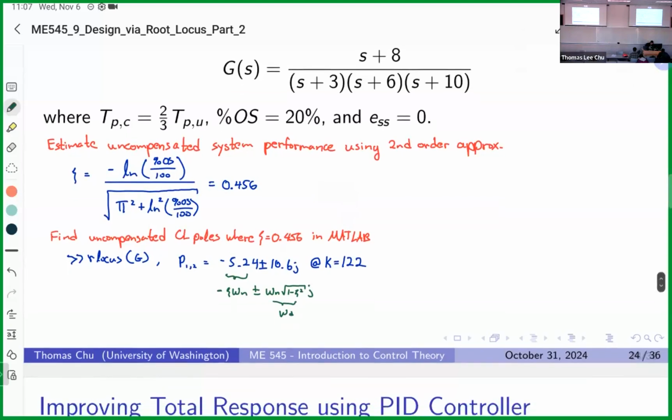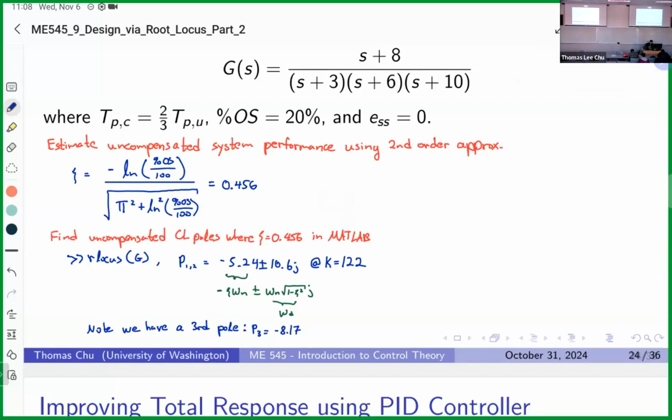So actually, I did tell you that we do have a third pole because we're using a second order approximation, and this is more of a note to ourselves. We have a third pole at P3 equal to minus 8.17.